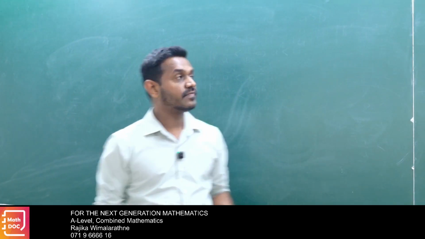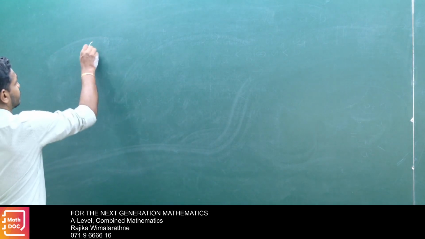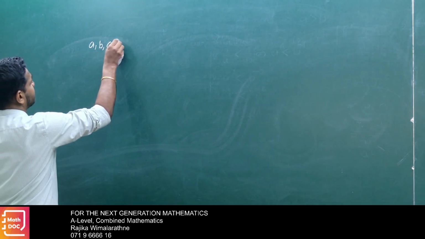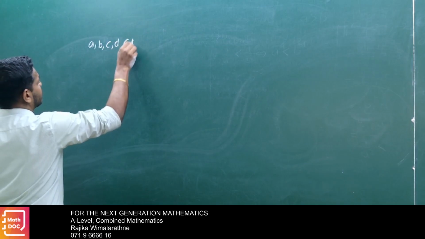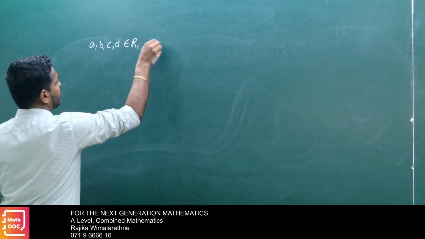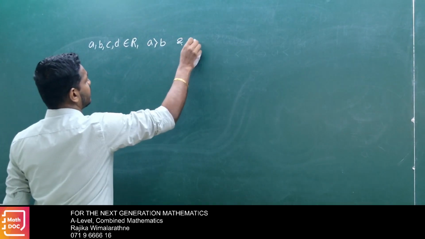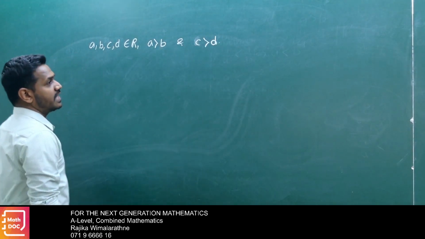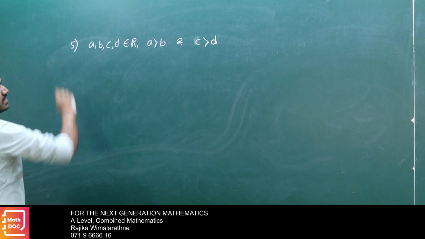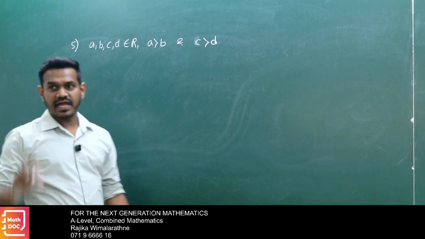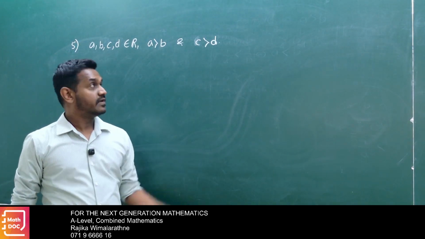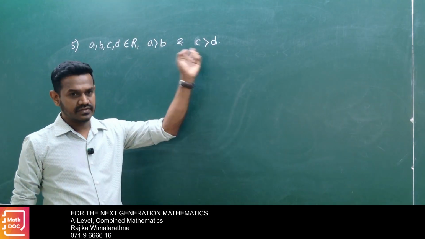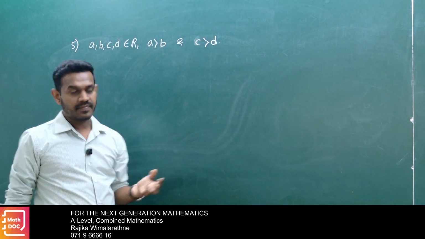Okay, we have another theorem. Let's see. You consider here A, B, C, D real numbers, A greater than B and C greater than D. So here we have two inequalities, same sense, no? Same sign.